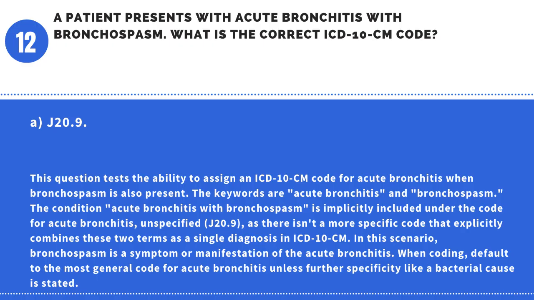The condition acute bronchitis with bronchospasm is implicitly included under the code for acute bronchitis, unspecified, J20.9, as there isn't a more specific code that explicitly combines these two terms as a single diagnosis in ICD-10-CM. In this scenario, bronchospasm is a symptom or manifestation of the acute bronchitis. When coding, default to the most general code for acute bronchitis unless further specificity like a bacterial cause is stated.